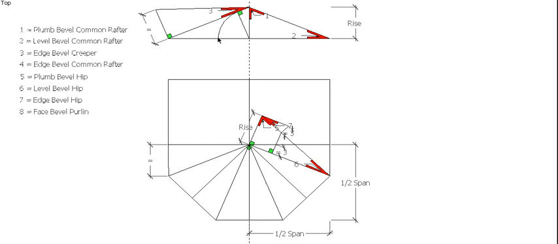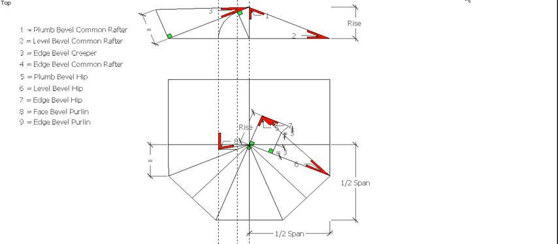So we get a mark on the plan length, and then develop that point and that point down until we hit our first hip, which is this one here. Then draw a line horizontal across there, and from this point we go back to our apex, and that'll give us the face bevel purlin.